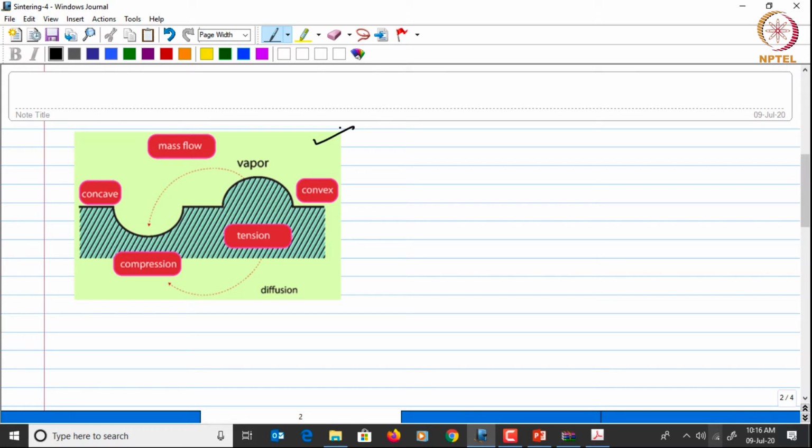where you have this kind of curvature, both convex and concave. So what happens if you have a curvature like this: concave and convex surfaces will try to become flat and hence will result in mass flow.